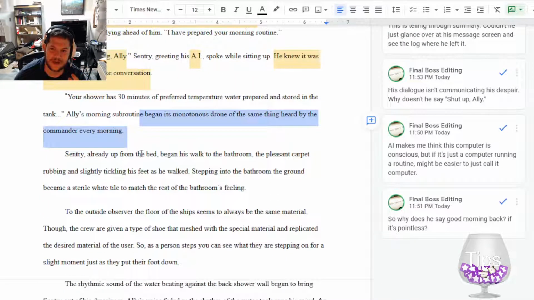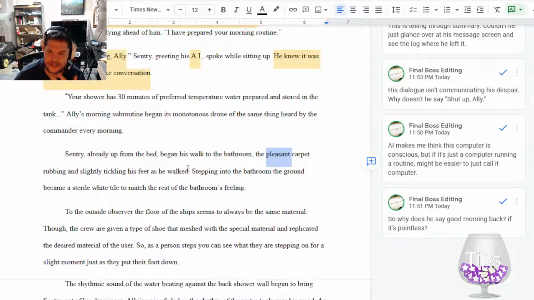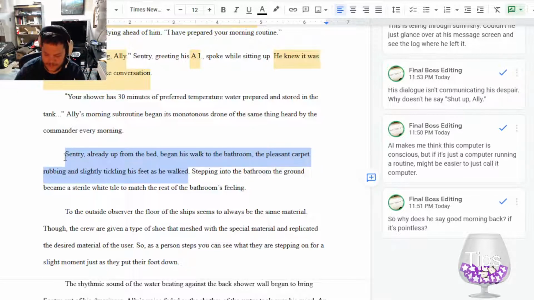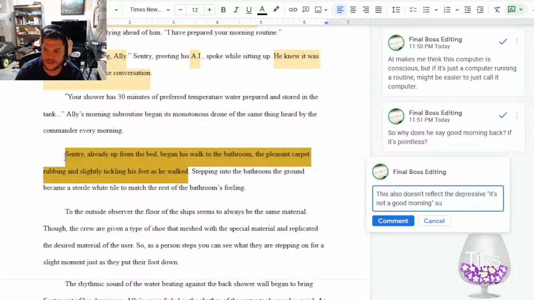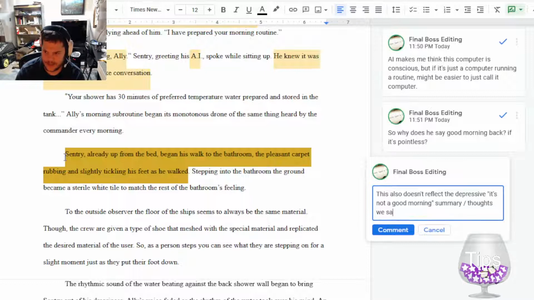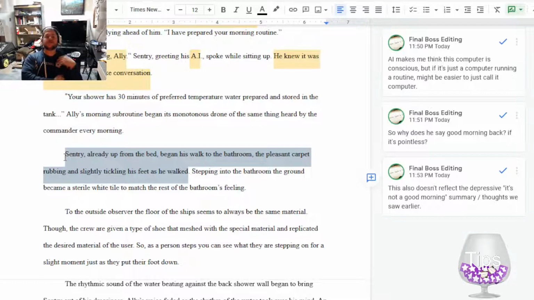And likewise, when he's showering, he's describing the pleasant carpet tickling his feet. Also the scene description, right? This also doesn't reflect the depressive, not-a-good-morning summary and thoughts we saw earlier. Maybe he's doing these things mechanically without really looking, but because he's our viewpoint character, he wouldn't really notice the pleasant carpet.